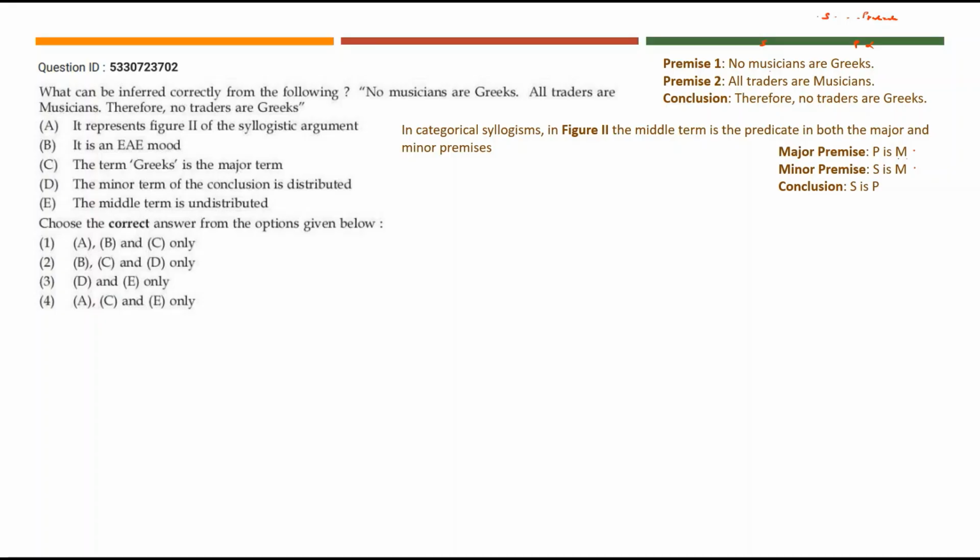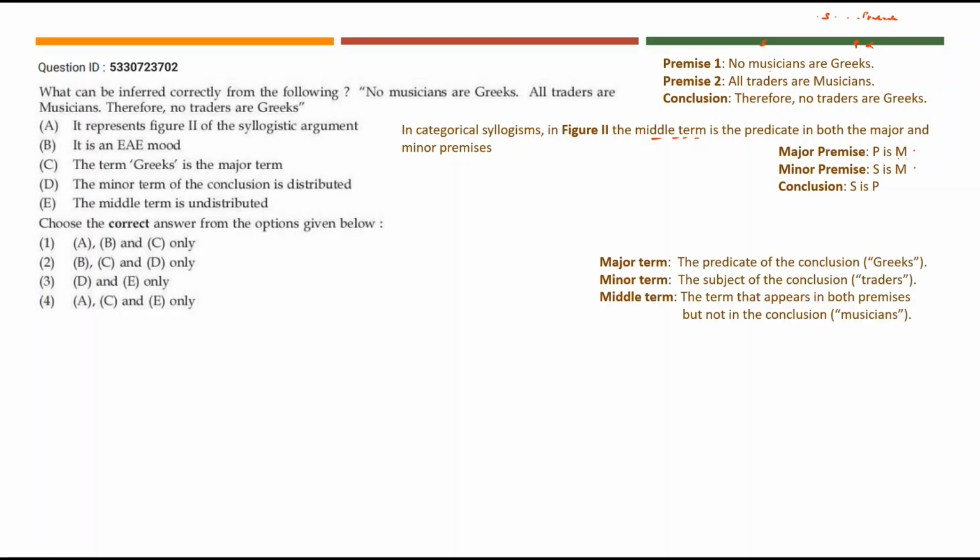Since we get the word middle term here, we will try to pick the minor term, major term and middle term from the given question. The major term is the predicate of the conclusion. What is the predicate of the conclusion here? This is subject and this is predicate. So, Greeks will be the major term here. What about the minor term? The subject of the conclusion will be the minor term.